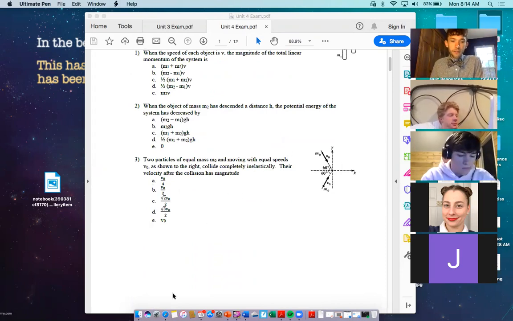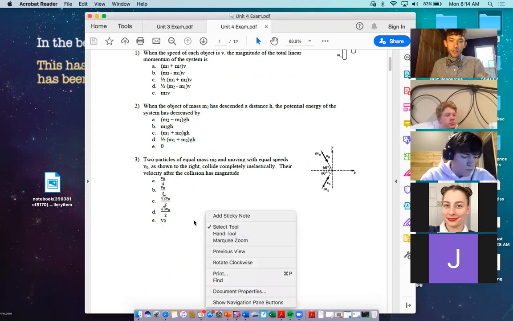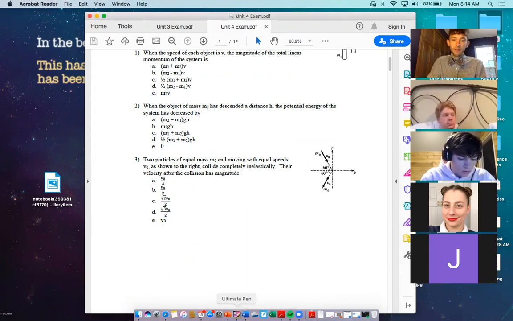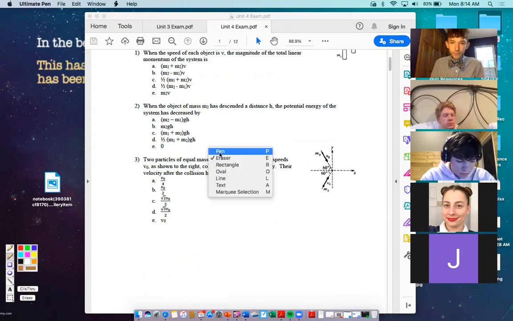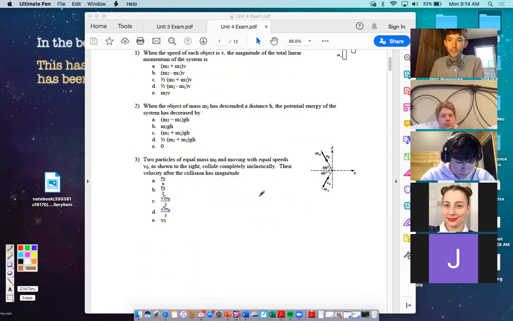Question 3. This is a conservation of momentum question. Don't forget to raise your hand if you have a question. I can recognize that they both have the same mass, they both have the same velocity, and they're both approaching with this angle of 60 degrees away from the horizontal.